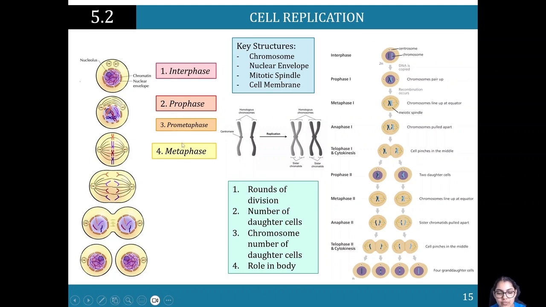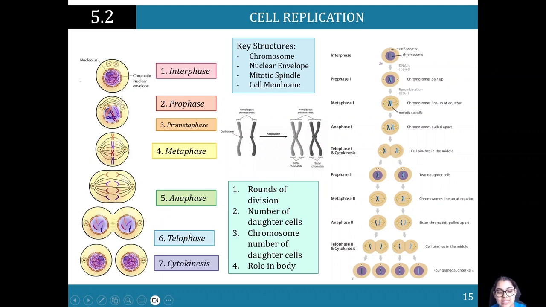So interphase, prophase, metaphase, and we've got our chromosomes lining up in the equator of the cell, and now we've got the mitotic spindle attaching to either side of the chromatids here. And once the mitotic spindle has done that, in anaphase, they're going to be pulled away from each other. So you can remember anaphase, they're pulled away from each other.